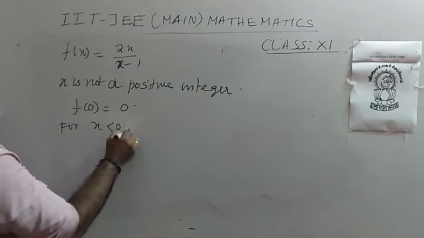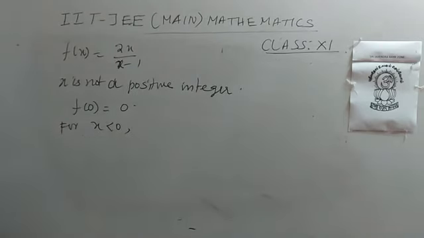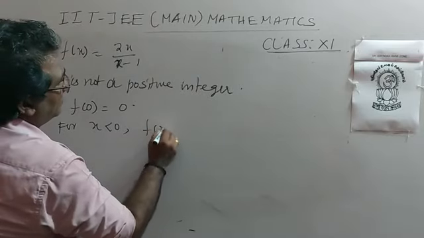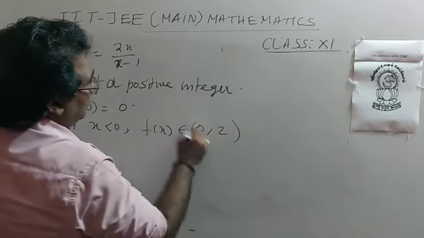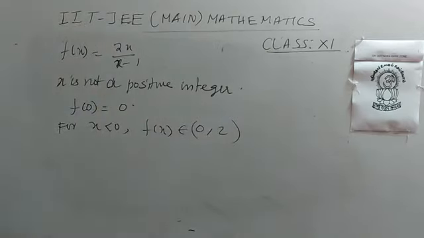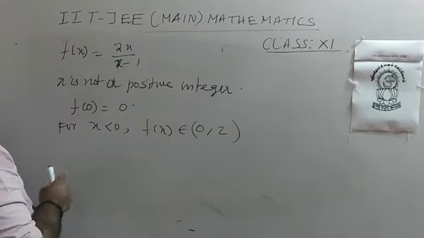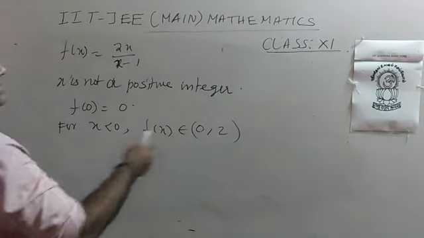For x less than 0, f of x belongs to (0, 2). You take any negative value, you substitute. The maximum value will be less than 2, that is open interval 2. You will not get the value 2 exactly.